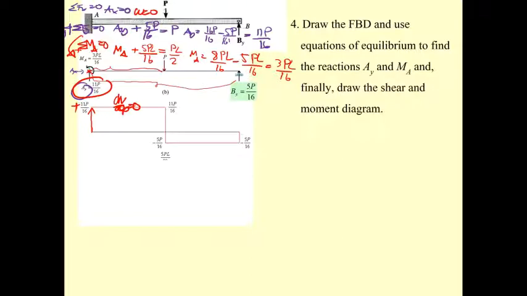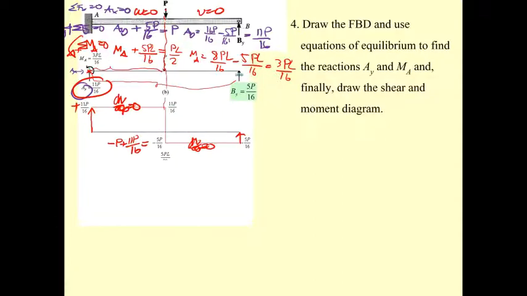And then you come to this point of P, so it's going to be minus P plus 11P divided by 16. So this one is going to be minus 5P over 16. And then w is 0, so the dV/dx equal to 0. And then you get this one cross. How about this moment?